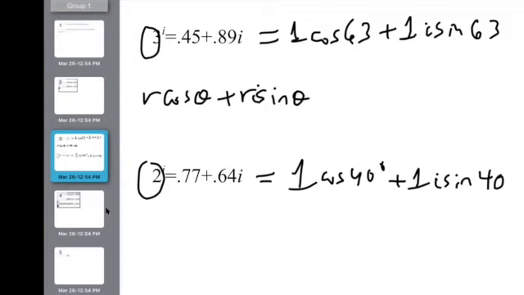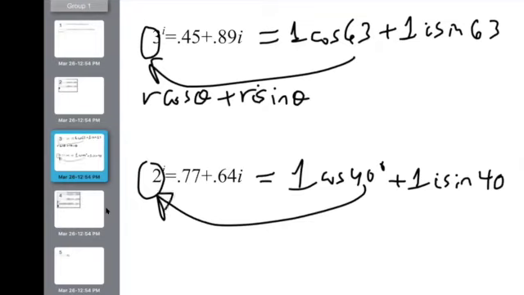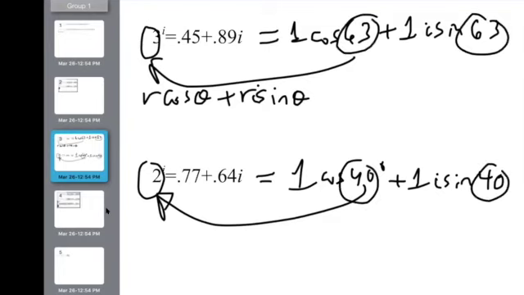But it's not really clear what's so special about 63 that relates to the number 3 and 40 that relates to the number 2. There's no real easy way to see that at this point, and you'll never guess the pattern. How is the angle based on this base?